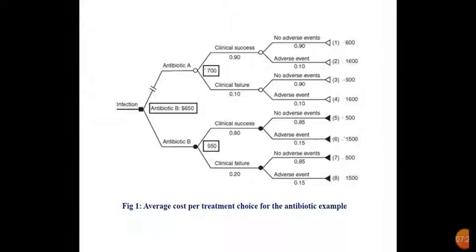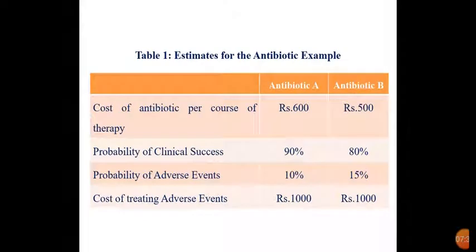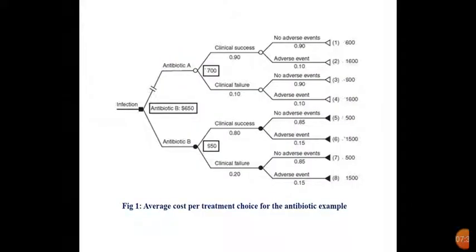So here the clinical success is 80%, that is 0.80, and clinical failure is 20%, that is 0.20. So here the probability of adverse event is 15%, meaning 0.15. The probability of no adverse event is 0.85, that is 85 percent.